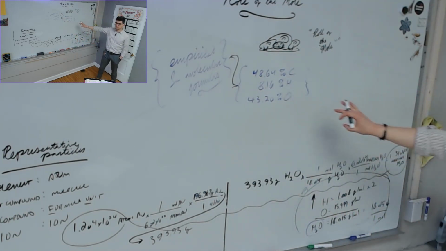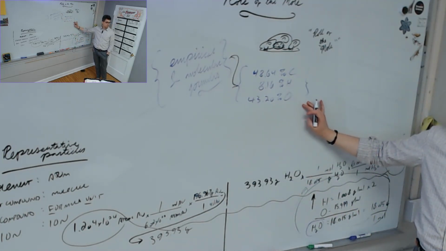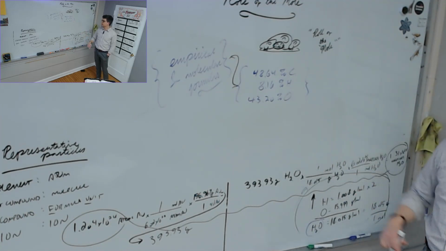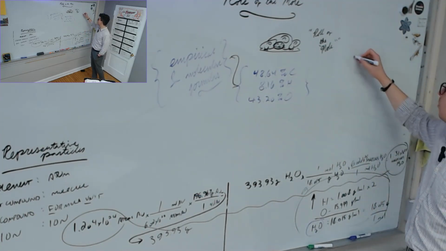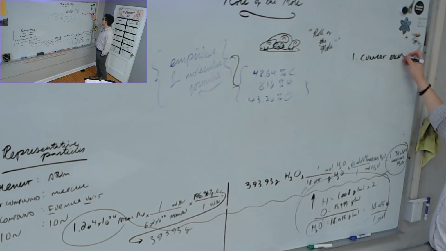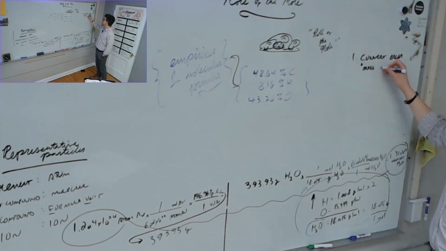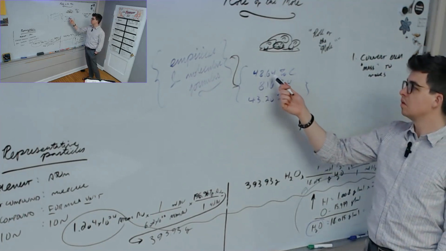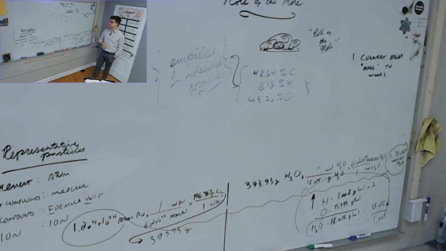So given this information that I hope you're writing down, we are to find the empirical formula. The first thing we need to do, step 1, is convert each mass to moles. The implied step here is that we pretend these percentages are masses.